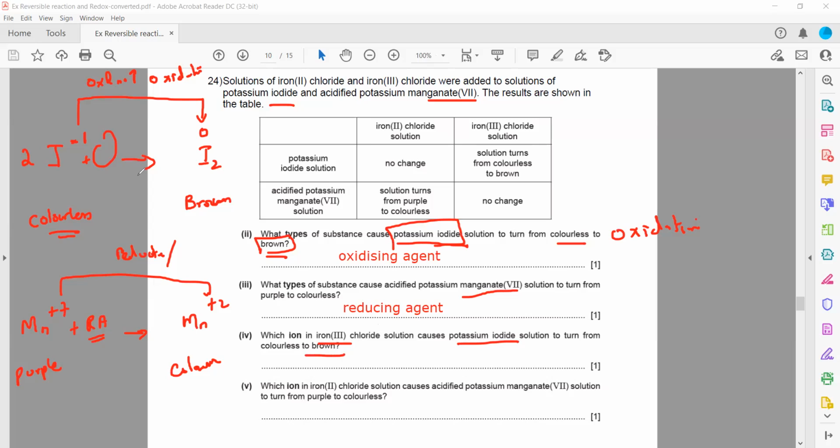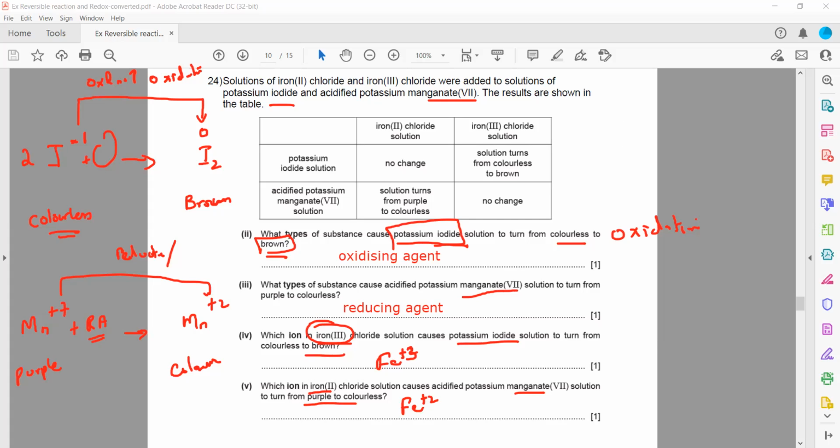So which ion is causing it? The answer is even given in the question. Iron 3 ion is causing this iodide ion to turn into iodine molecule. And which ion in iron 2 chloride causes potassium manganate to turn from purple to colorless? So iron 2 ion is causing that change.